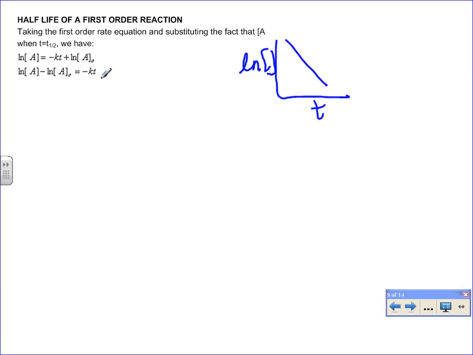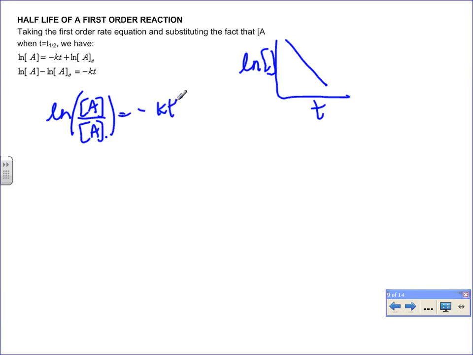Now you'll remember that for log rules, if you're subtracting, ln A minus ln A naught is the same as ln of A over A naught, and that's equal to negative kT.